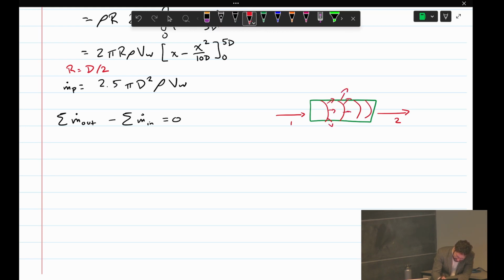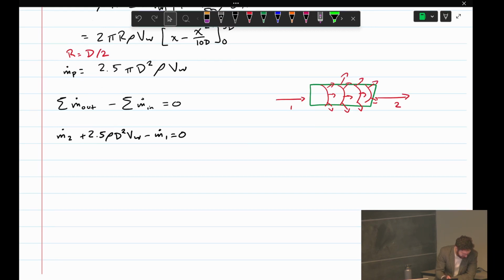So it's the leakage out of this entire area. That's quite hard to draw, but it's just the mass leaving our CV this way. So that's the term we found. So this is m dot 2 plus 2.5 rho d squared VW minus m dot 1 equals 0.